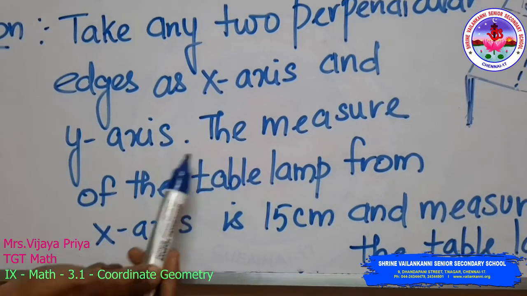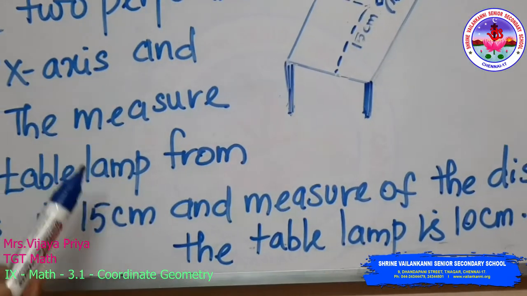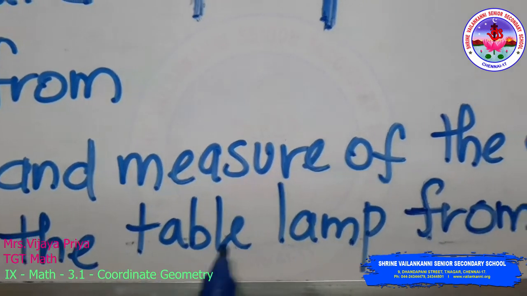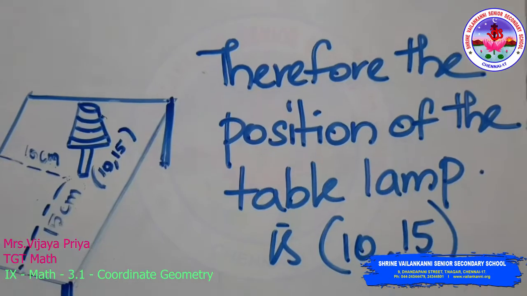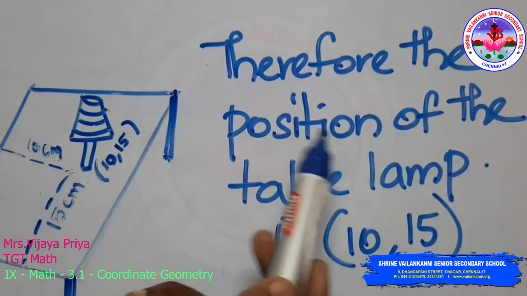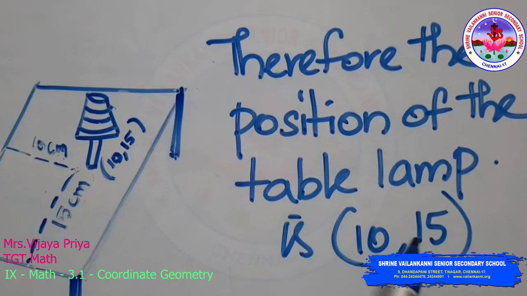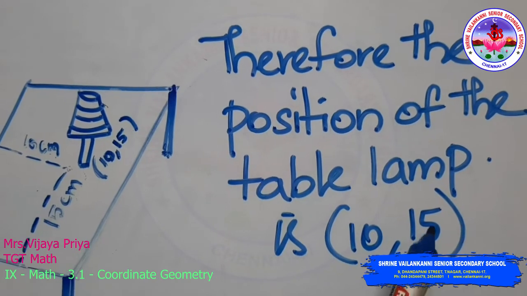The distance of the table lamp from the x-axis is marked as 15, and the distance of the table lamp from the y-axis is 10 centimeters. Therefore, the position of the table lamp is 10, 15, where x is 10 and y is 15 centimeters.